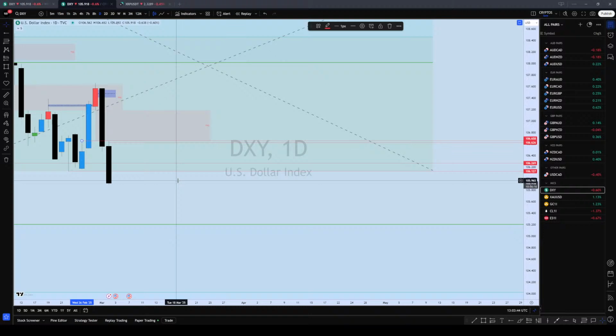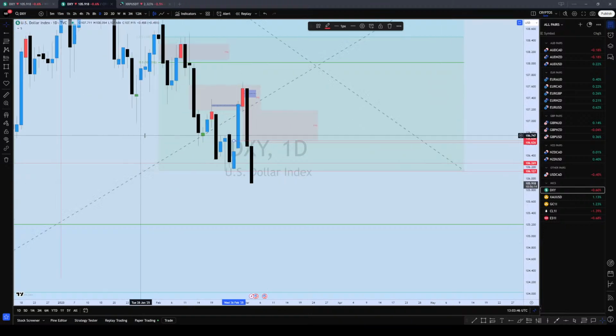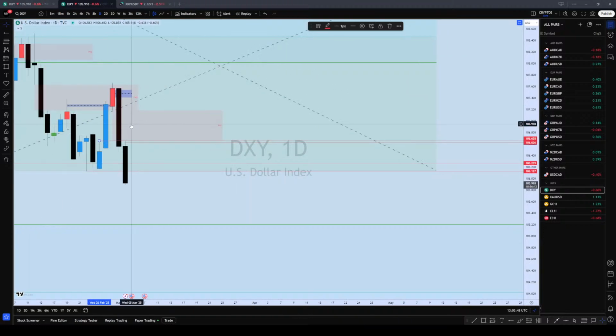If we close below 106.65, then definitely they're going to send price lower because the gap would have been closed through, and then price will scream lower.